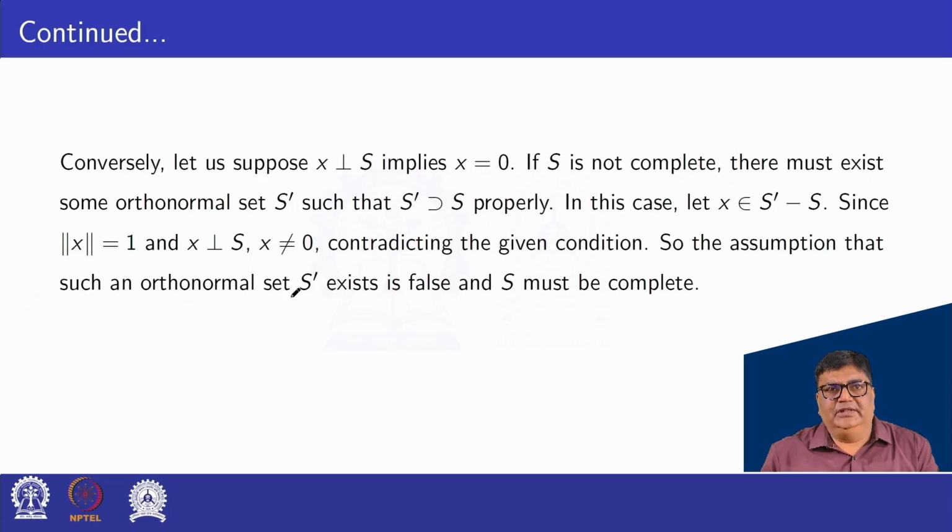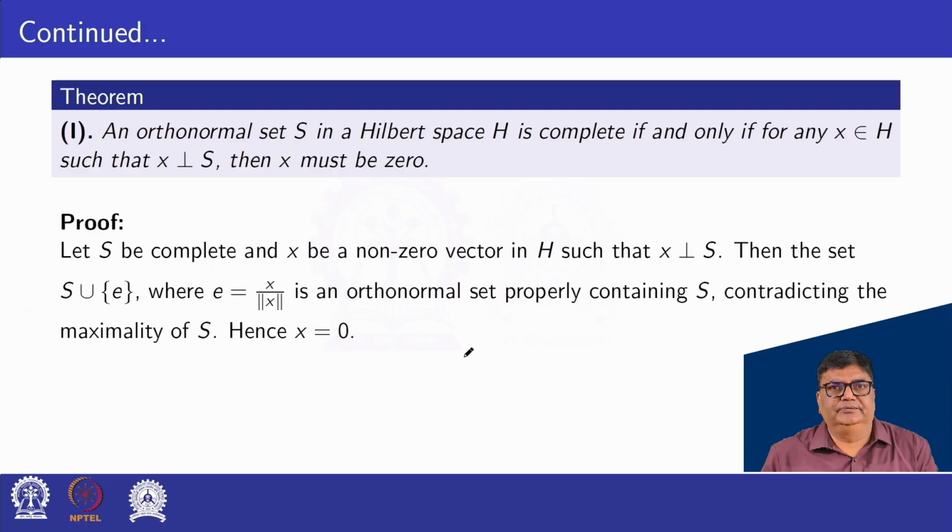So the assumption that such an orthonormal set S dash exists is false and S must be complete. This completes the proof of the theorem.